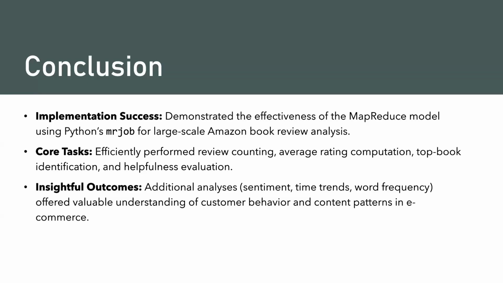We efficiently carried out tasks such as counting reviews, computing average ratings, identifying top reviewed books, and evaluating review helpfulness. Additional analysis, including sentiment classification, time-based trends, and word frequency, provided deeper insights into customer behavior and preferences.